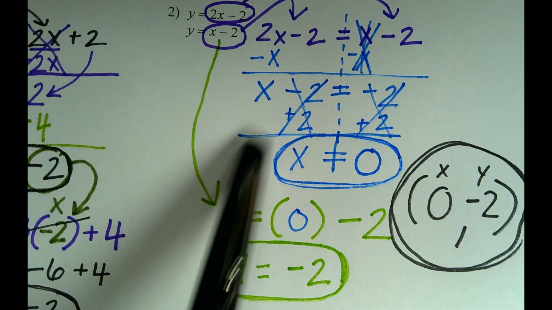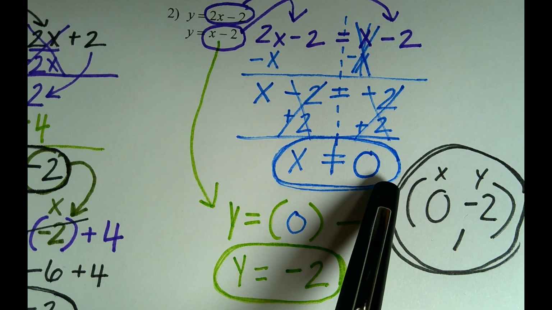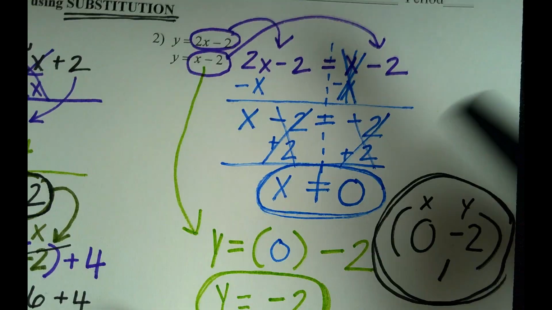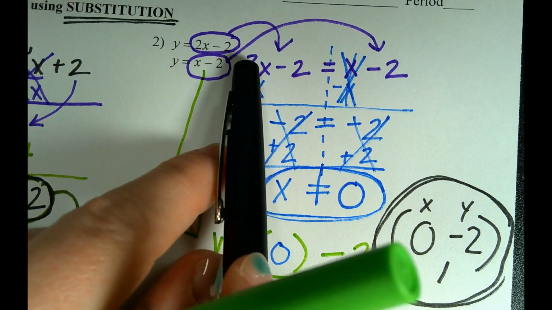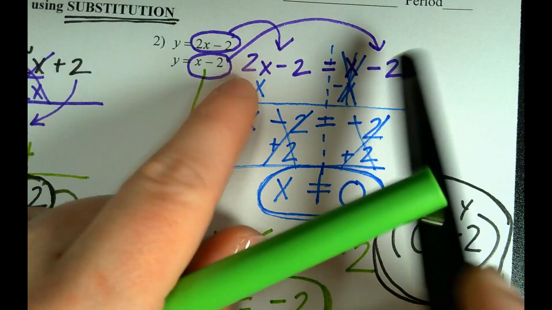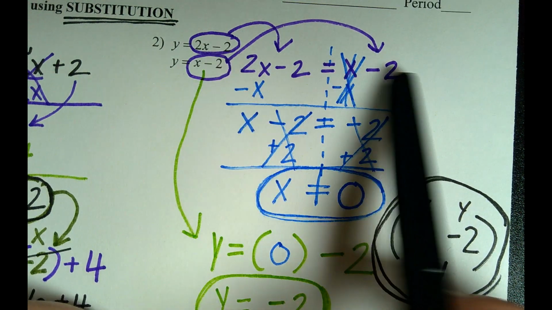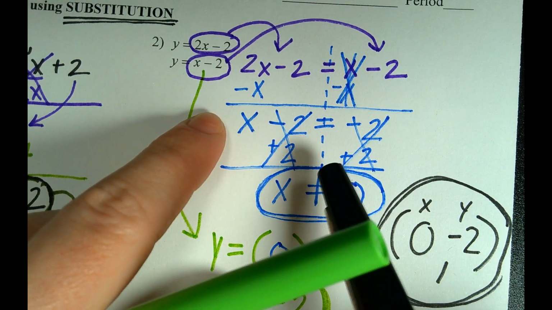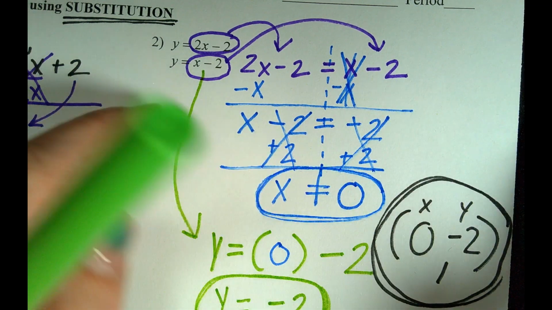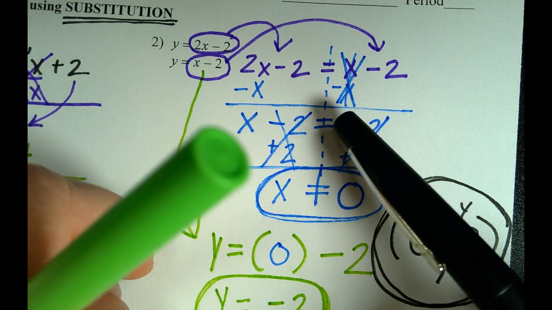So whenever you solve for x, did you get x equals 4? Okay, so let's see how you got that. Whenever you started your original problem, what did you set equal to each other? Did you do the same thing as me? Okay, 2x minus 2 equals x minus 2. And then what did you do first after that?